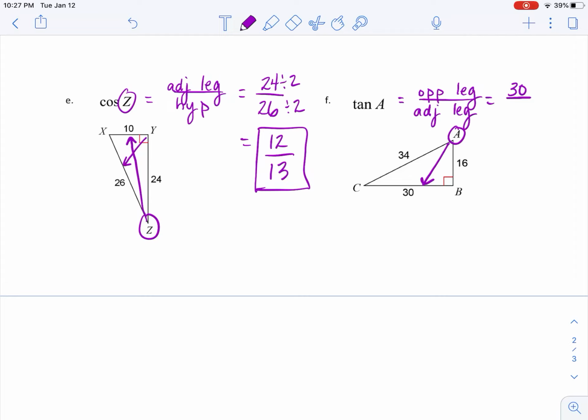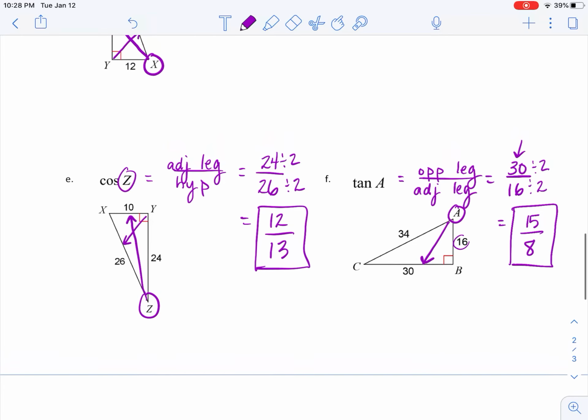The leg that's not opposite is adjacent, so that's going to be this 16. If we divide top and bottom, again, let's not leave it unsimplified. Let's divide top and bottom by 2. And we would get 15 over 8. So certainly if you box 30 over 16, you'd get most of the points. You'd just maybe lose something for not simplifying your fraction.